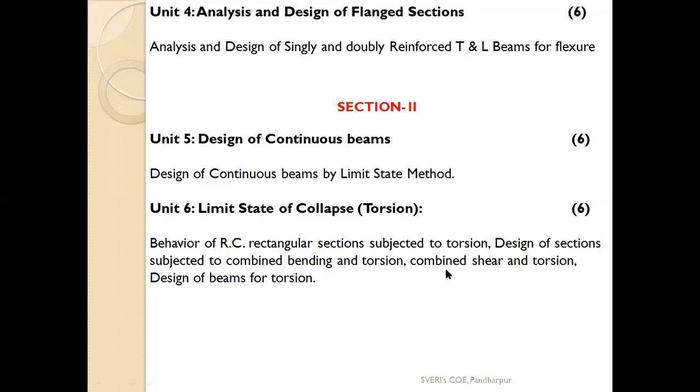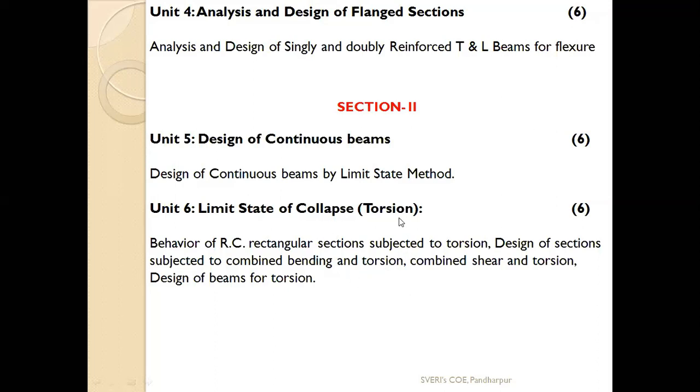So we will see such a problem in which they ask us to design the sections, and they tell us the sections are combinedly affected by bending, torsion and shear. This type of problem, 100% will be there in your question paper, in your exam. Okay, and this problem will be of 8 to 10 marks, I think. So this is your sixth unit, limit state of collapse.